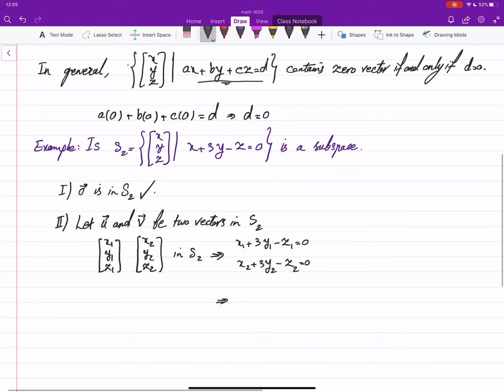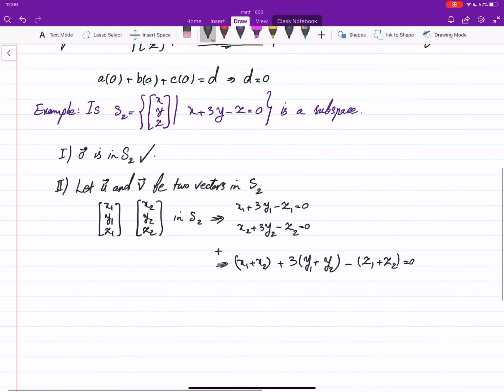Now we can add these two equations and we get x1 plus x2 plus 3 times y1 plus y2 minus z1 plus z2 is equal to 0.